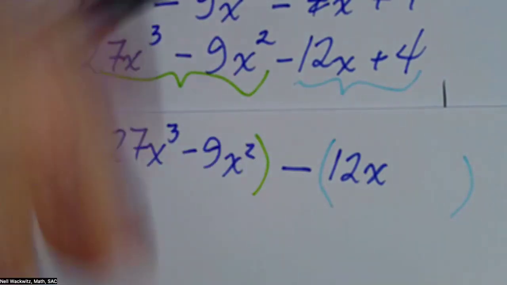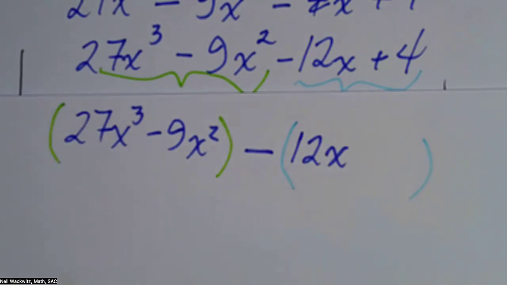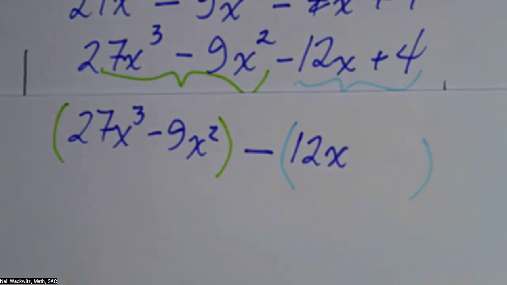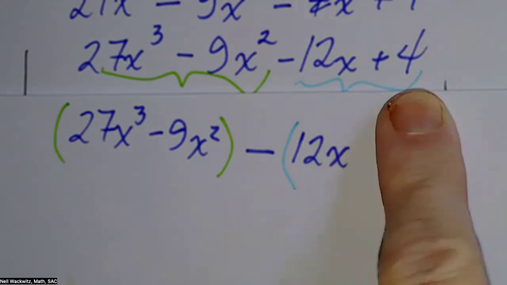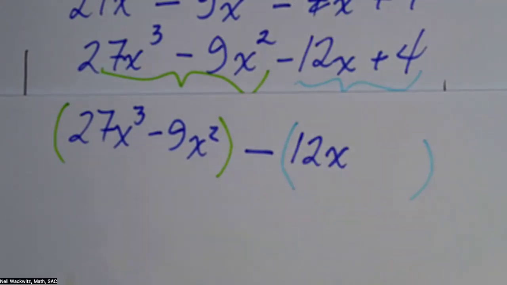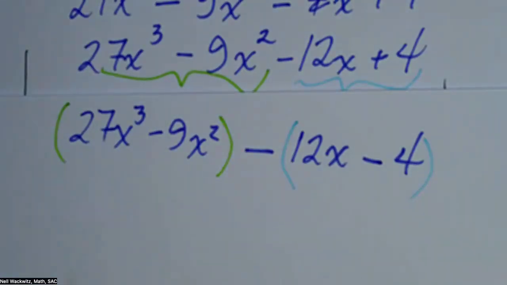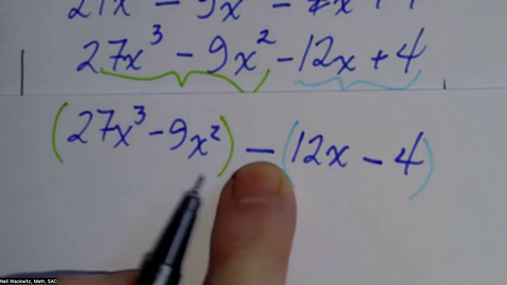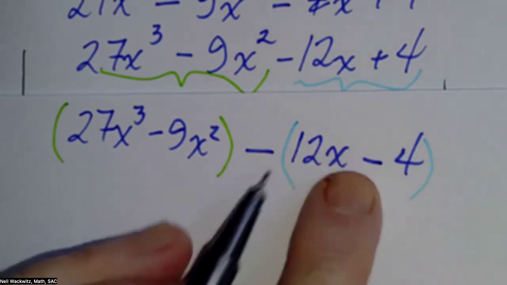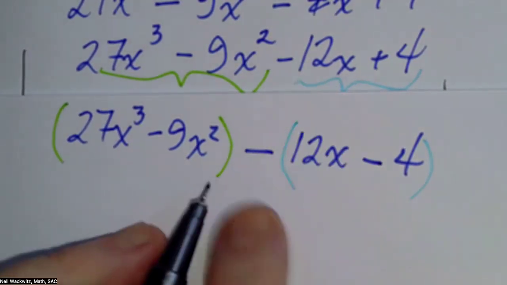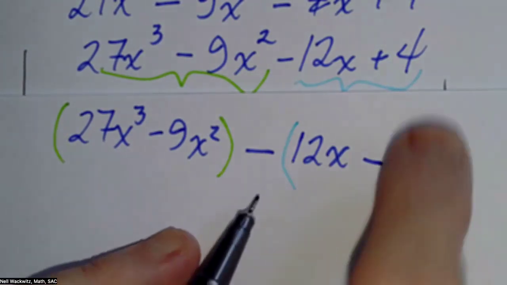Now what do I need to do in order to get the plus 4? What do I need to put here in the second position? Minus 4. Very good. And why do we have to do that? There's the invisible minus 1. That's right. We've got a negative out front of these parentheses. So negative times 12x is negative 12x, and a negative times minus 4 is positive 4.